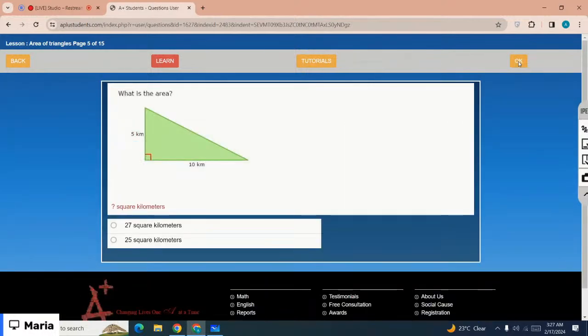The next one is, what is the area? Which is the correct option?